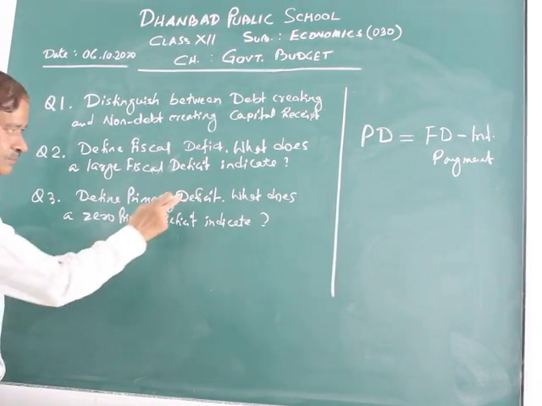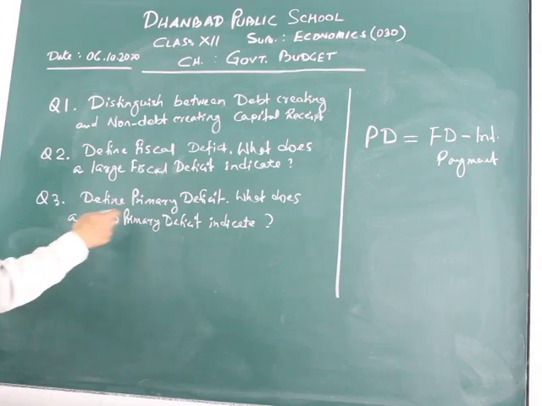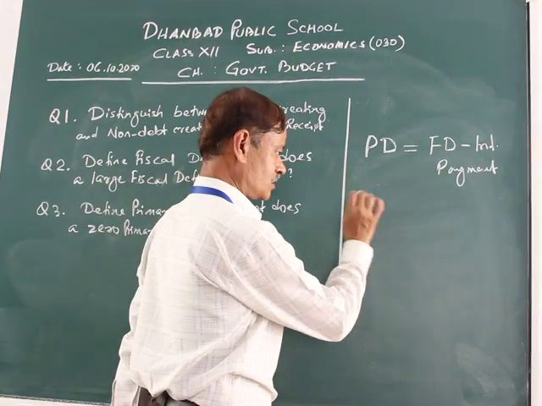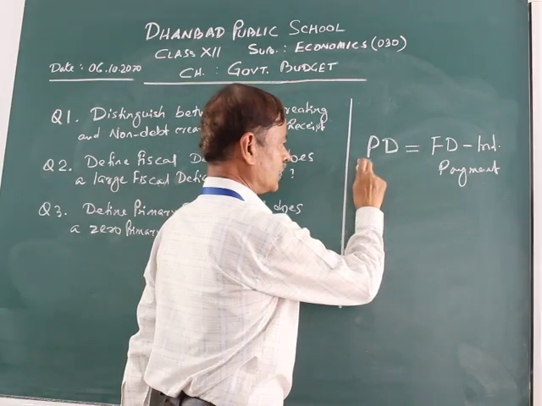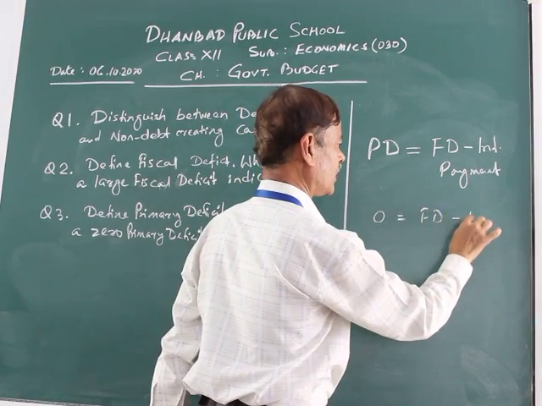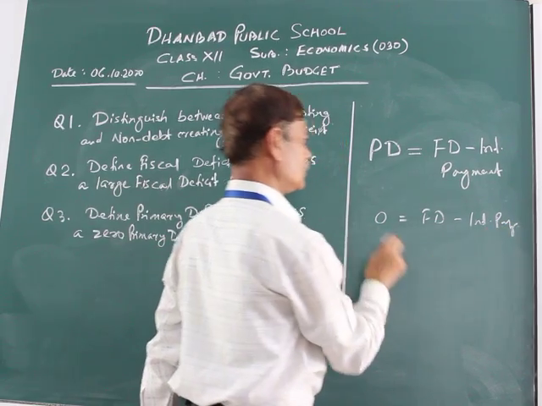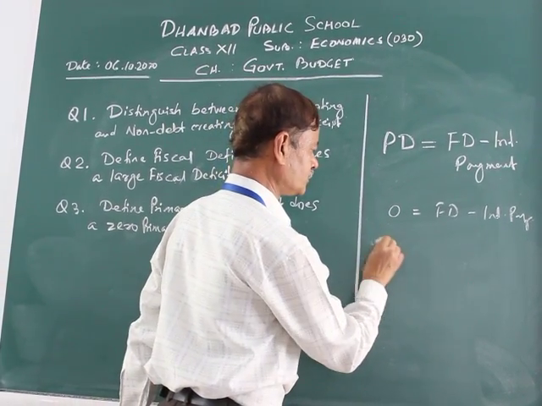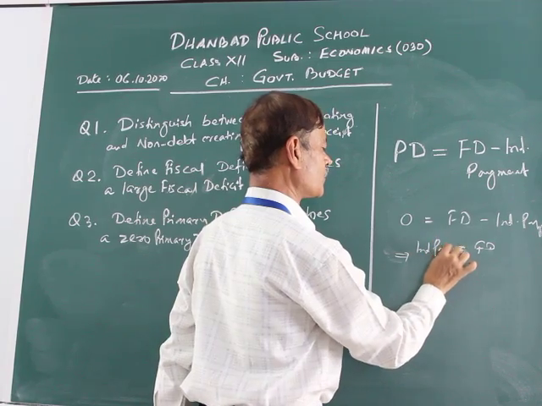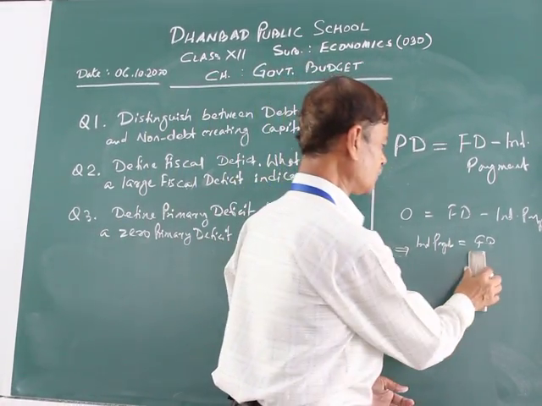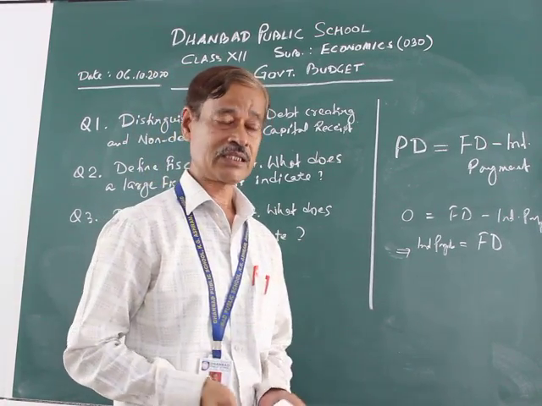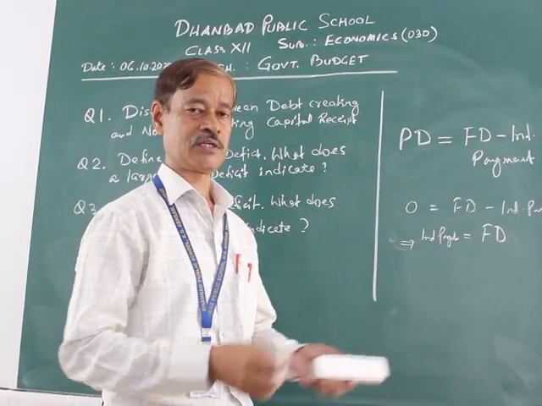Now the second part of this question: what does a zero primary deficit indicate? Let us analyze this. If primary deficit is 0, then since primary deficit is equal to fiscal deficit minus interest payment, it means that fiscal deficit is equal to interest payment. What is fiscal deficit? Fiscal deficit is nothing but the amount of borrowing required to fulfill budget expenditure.